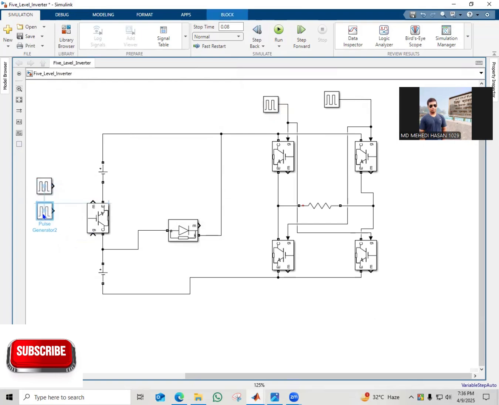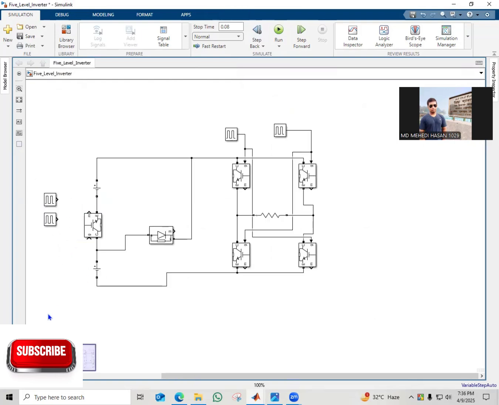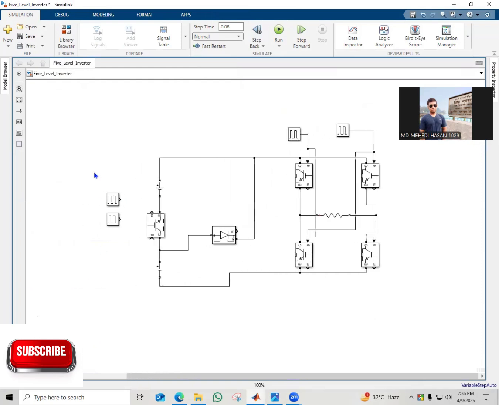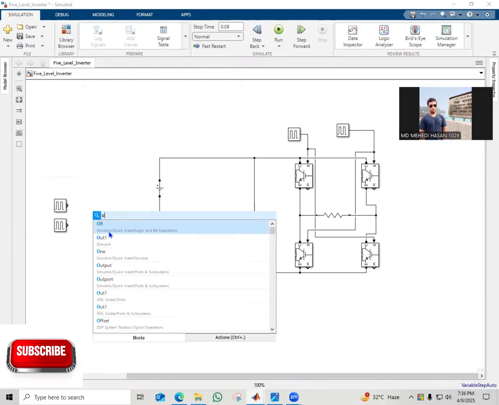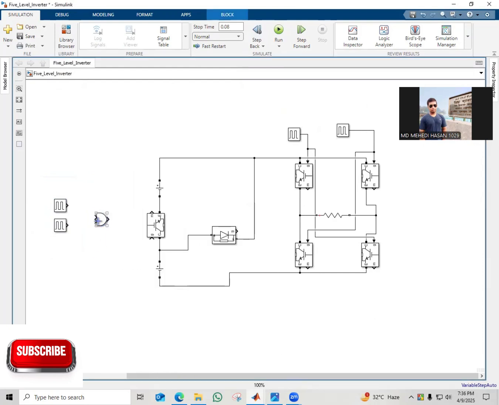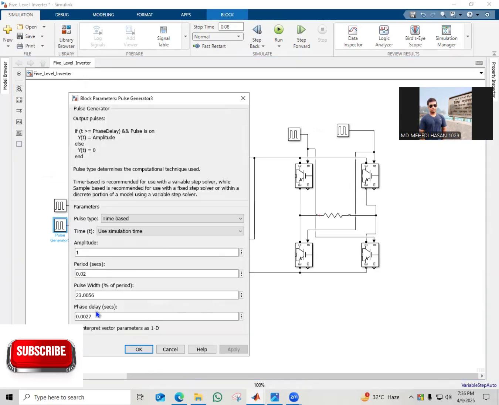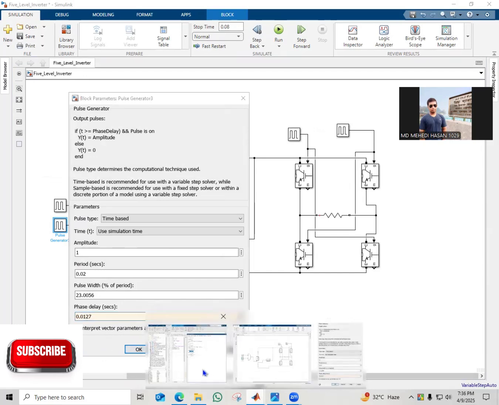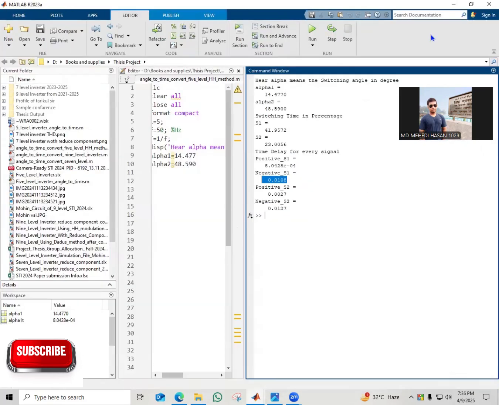We also need another pulse for the negative half cycle, and both pulses will be added by an OR gate. The value will be the same, just add here a 1 to 7.